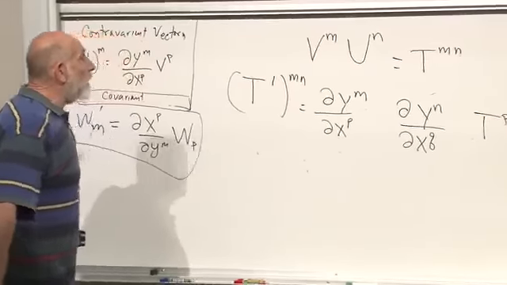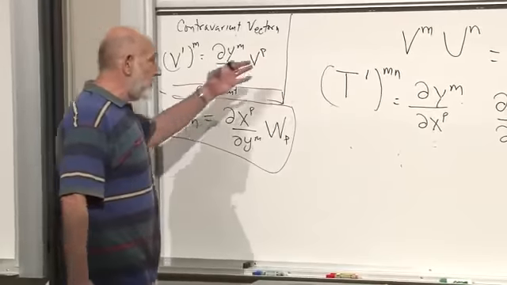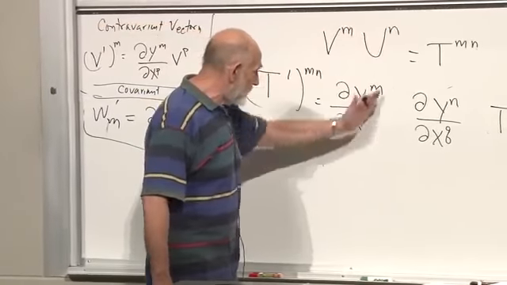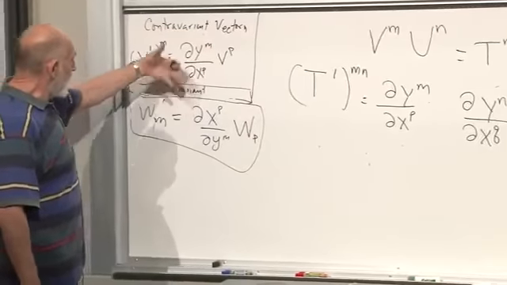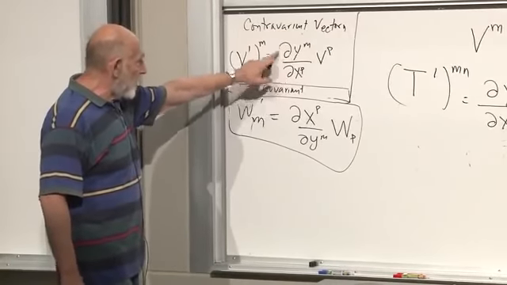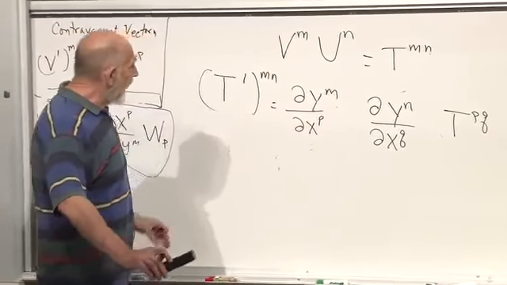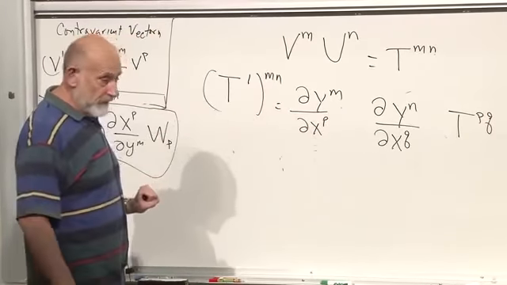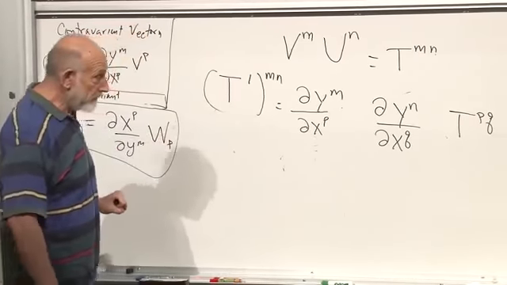So I found out how T transforms. Not surprising, because it was just a combination of two vectors, and basically each index transforms with a dy by dx type thing. Anything which transforms like this is called a contravariant tensor of rank 2.